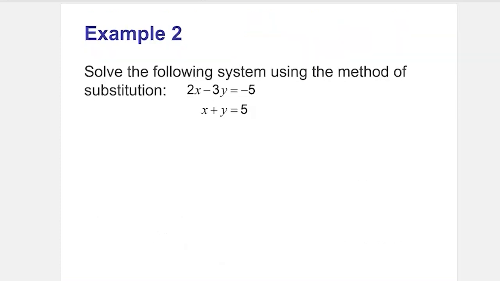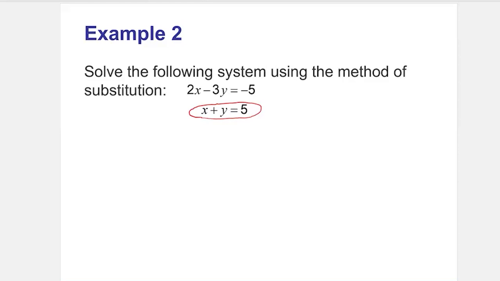So for example, here I have a system of equations, and we're going to use substitution. So I'm going to pick this equation because all the coefficients are 1. And it makes it a lot easier. If I use the top one, I'm going to end up having fractions, right?